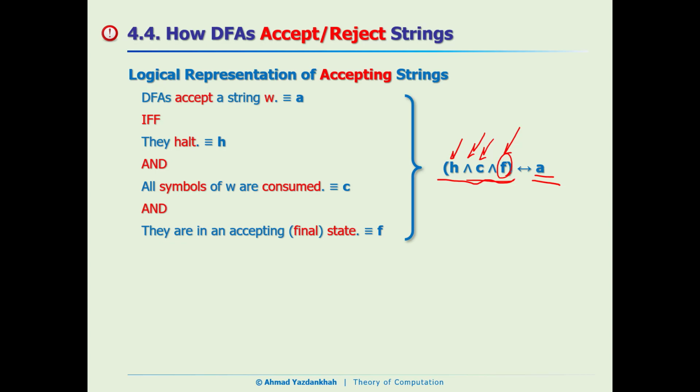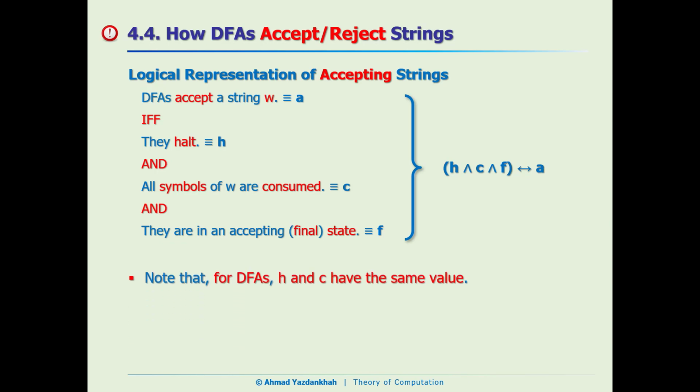But let me remind you about one point here. We just said in the previous slide that halting and consuming have the same value. If you remember, we said the machine halts if all of the characters are consumed, and vice versa. If all of the characters are consumed, then the machine halts. So it means that H and C have the same value.